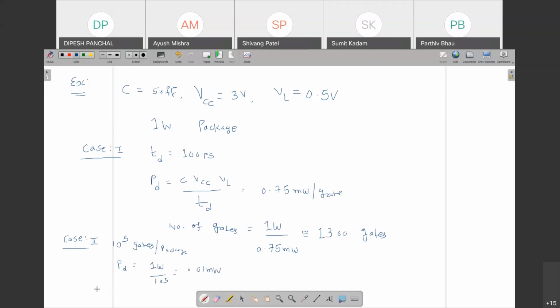Okay. Now can you calculate what is delay? VDD, VL by PD. If you are getting the answer, write it down in the chat box. What is the delay now in this case?